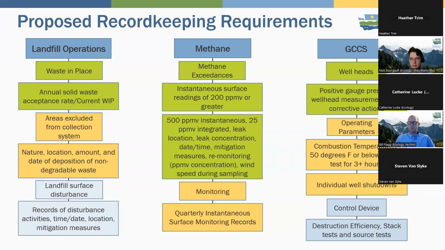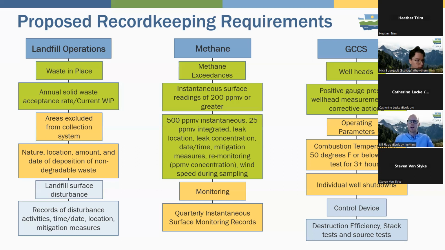These general buckets cover most of the record keeping requirements. And once again, the drafted rule language on the actual language surrounding these record keeping requirements will be posted on our webpage, likely early next week, so we can receive more input and feedback from you all on this.